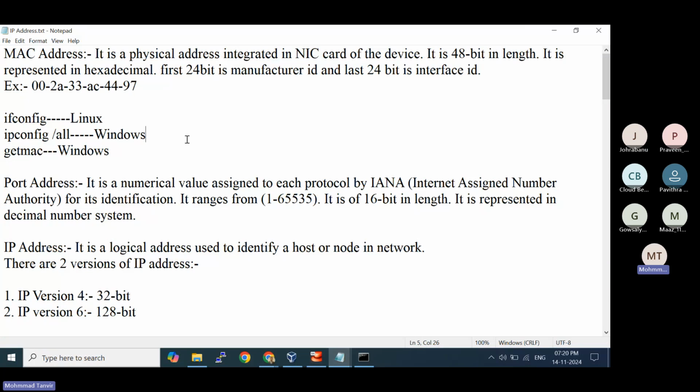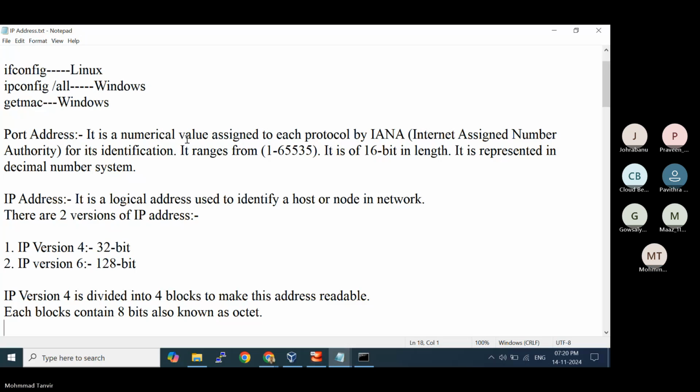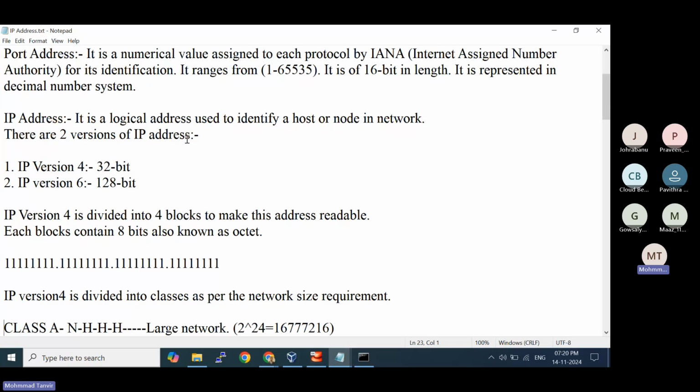Now moving to the next, that is the port address. So what exactly is the port address? We need to see the port address when we cover the topic of firewall. In the firewall, we have to allow either a protocol or the port number. So what exactly is the port number?